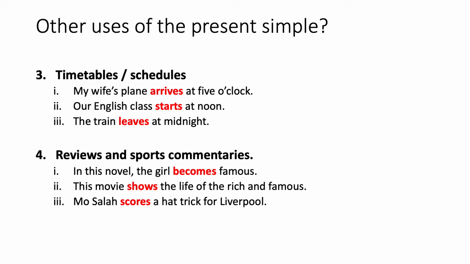Now, notice again that we add s to all the verbs in these examples. Does anyone remember why? Why do we add s to all the verbs in all these examples? Very good. We have written them with s because they are all singular. Okay, all the subjects in the sentences that we have used above are all singular.